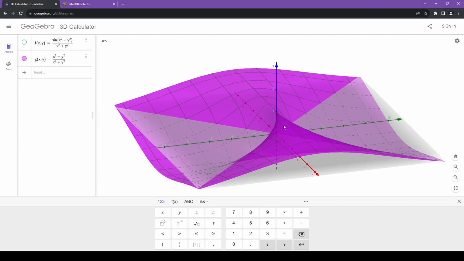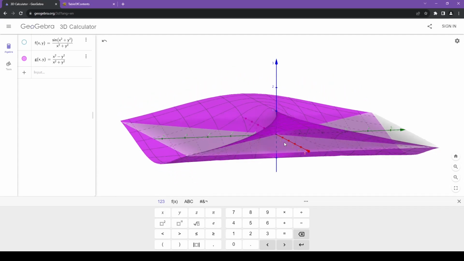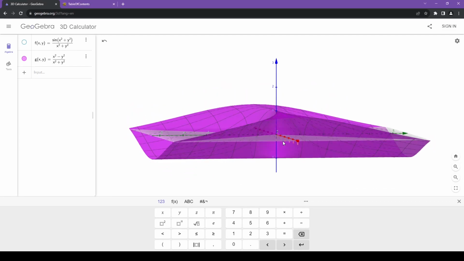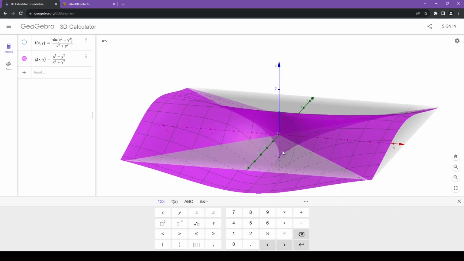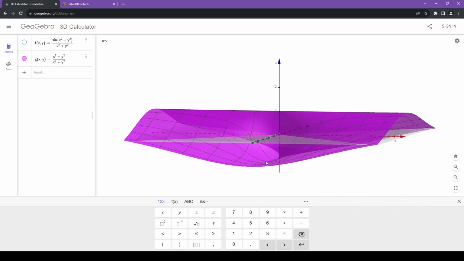This part here is the axis where y is equal to 0, and we see that we're up here at positive 1. There's almost a straight line here. And if we turn this and look at instead the place where we have x equal to 0, so we're on the y-axis, we see that we're down here at negative 1.